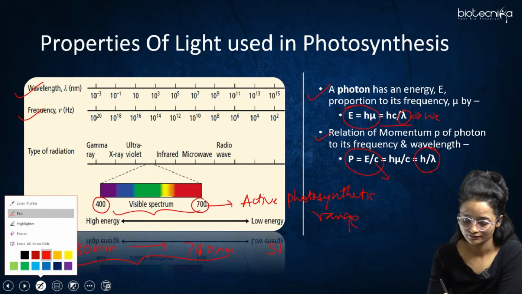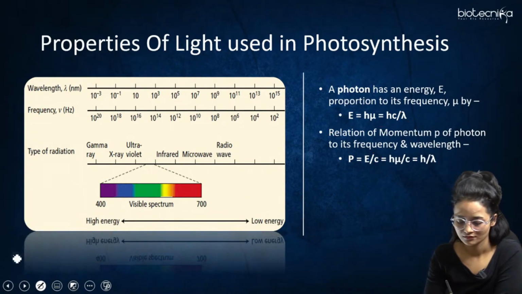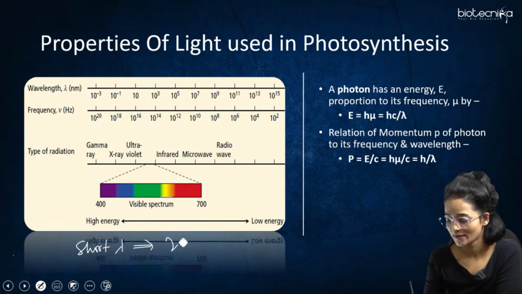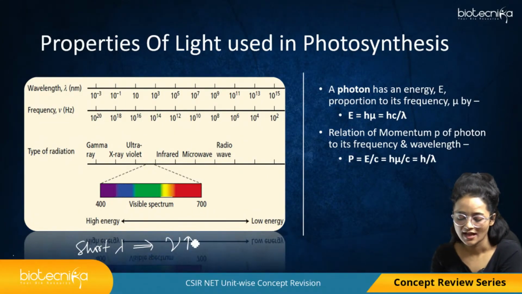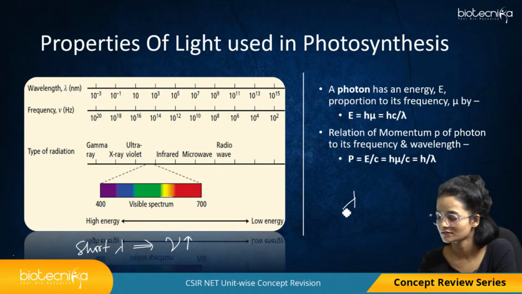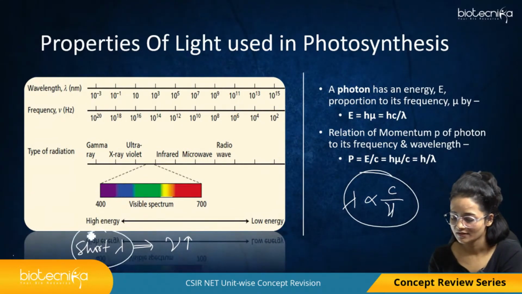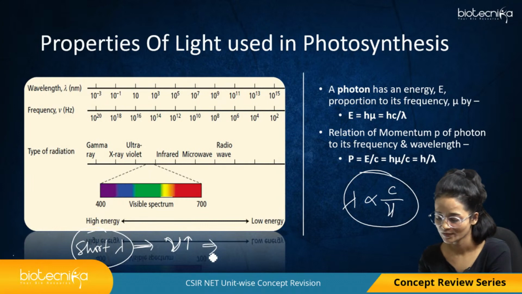Short wavelength means that the frequency is high, right? Because as we know, the relationship between the wavelength and frequency is inversely proportional. So the shorter wavelength would have the high frequency, and in turn it will have the low energy, right?